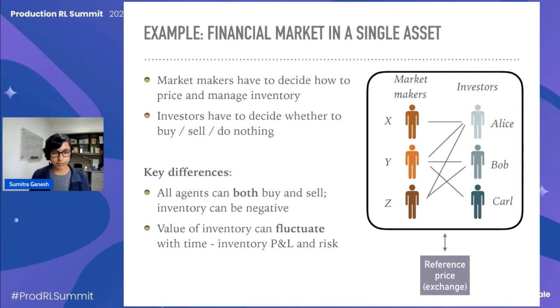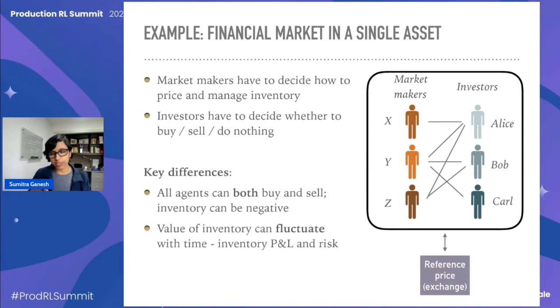But there are two key differences. In this market, all agents can both buy and sell stock. So they can transact in both directions. And every agent has an inventory, and that inventory can also be negative. It simply means that they are short the stock. The second key difference is that the value of the inventory can fluctuate with time.